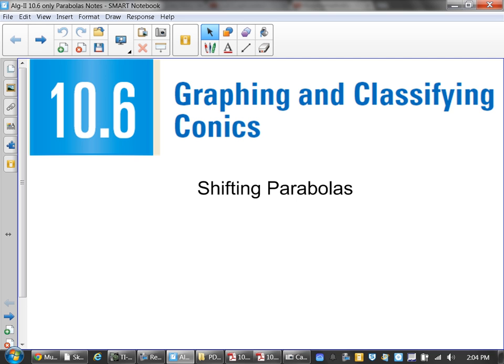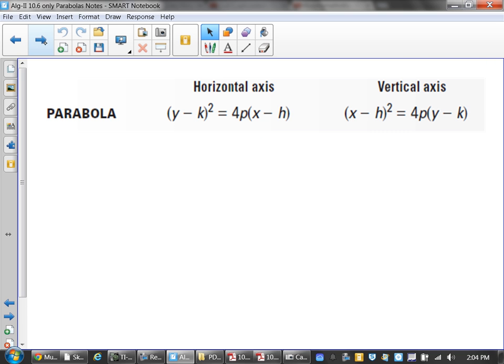Anyway, let's introduce the horizontal and vertical component to this. What happens here is we take the same basic ideas we did yesterday. Instead of having a y squared, it's now the quantity y minus k squared is 4p times the quantity x minus h.